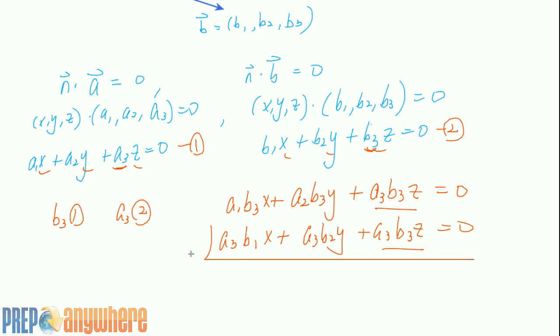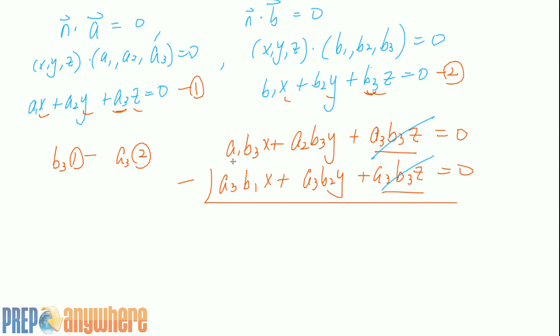Let's subtract. Then this will cancel out, and we have the following. We have a1 b3 x, minus a3 b1 x.